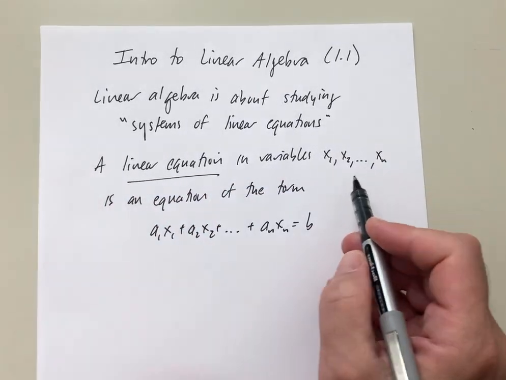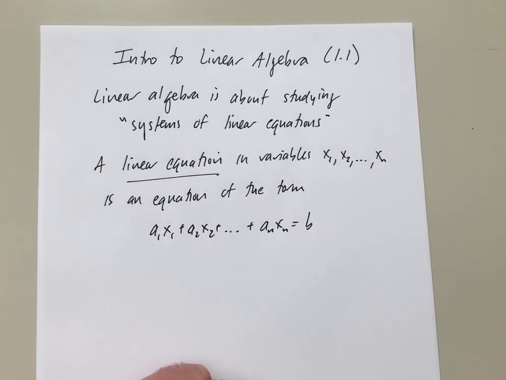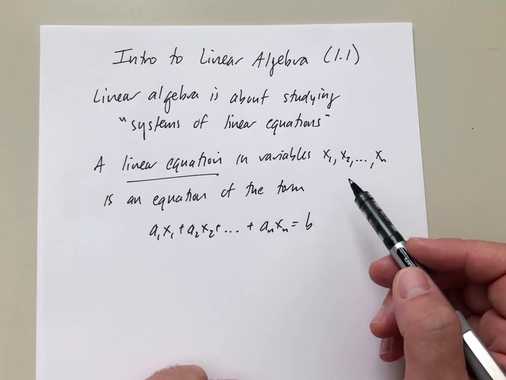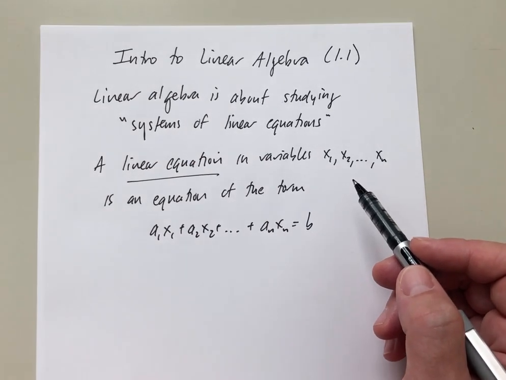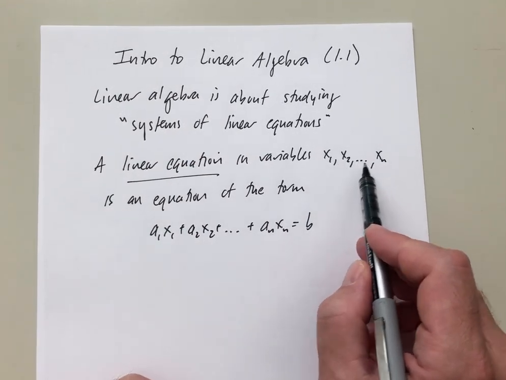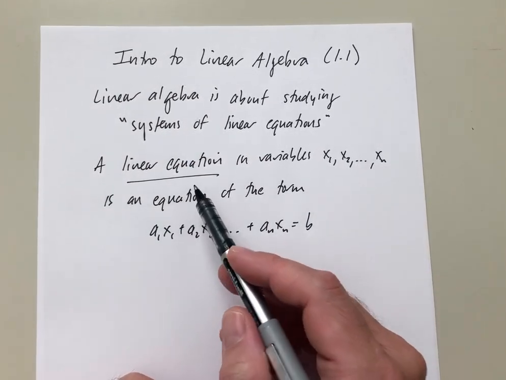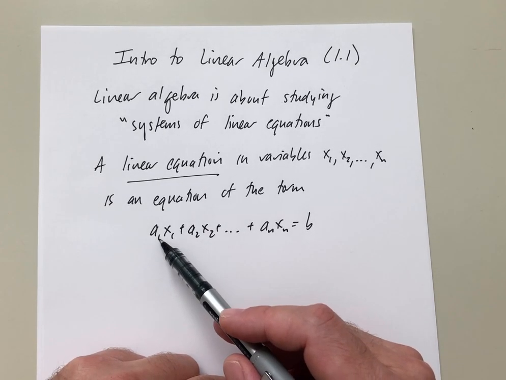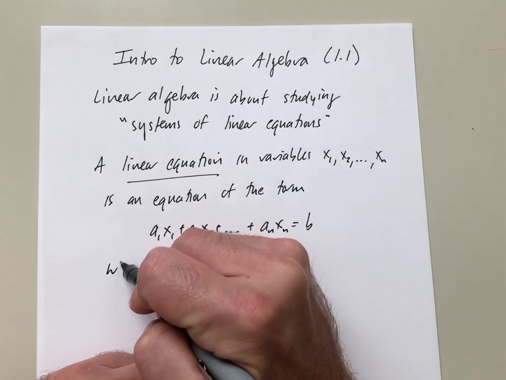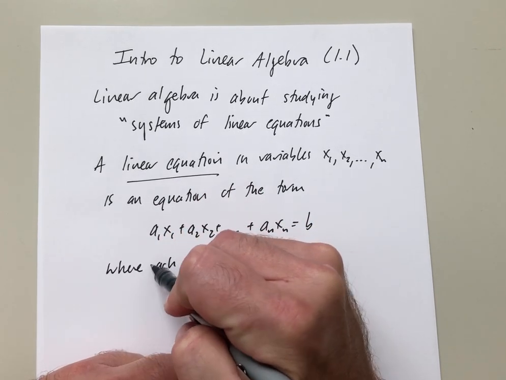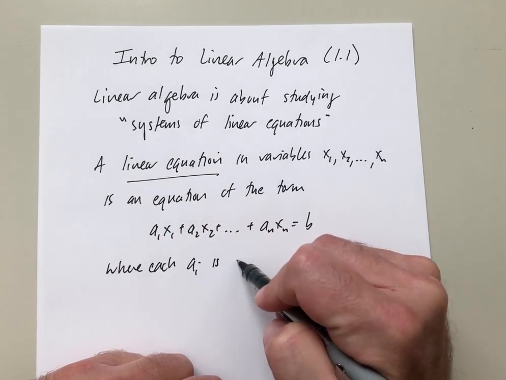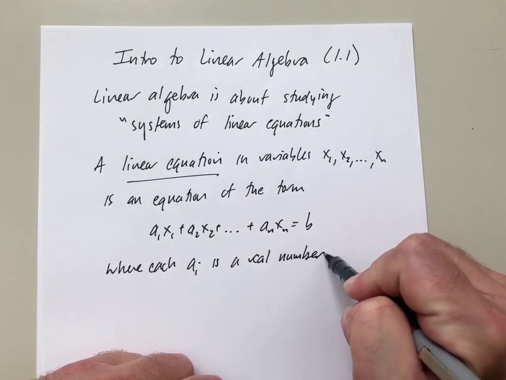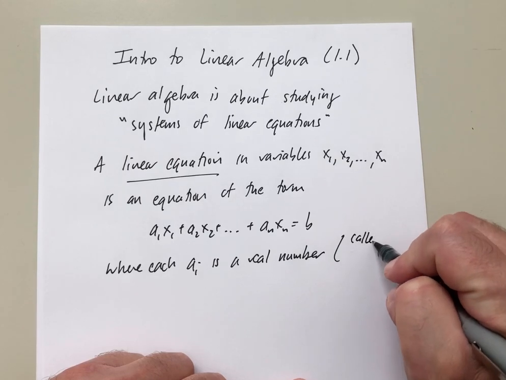So the point here is that I've got variables. Maybe this is a little bit new to some people. We usually talk about variables as x, y, and z maybe, but we want to deal with arbitrarily many, so I'm going to call them x1, x2 up through xn. And then a linear equation just says I can put numbers in front of each one, where each ai is a real number, and these are called the coefficients.